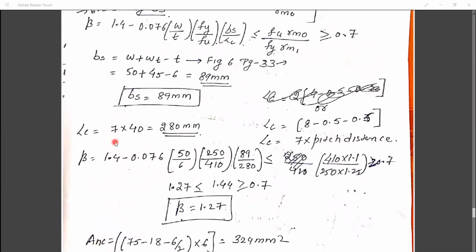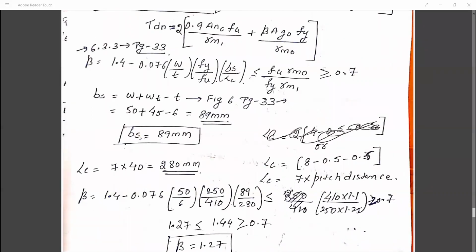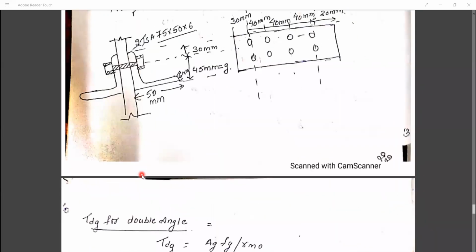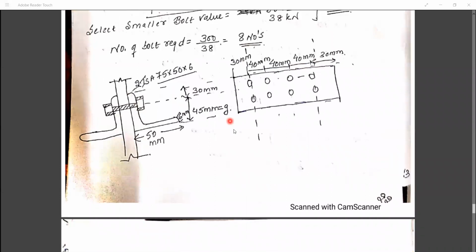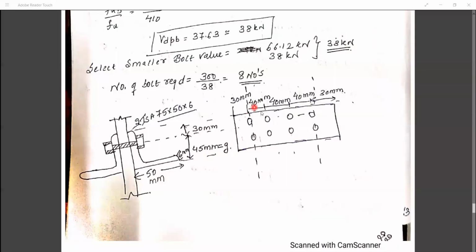Next is 7 into 40. How this 40 mm has come in? See, 45 mm is your pitch distance.